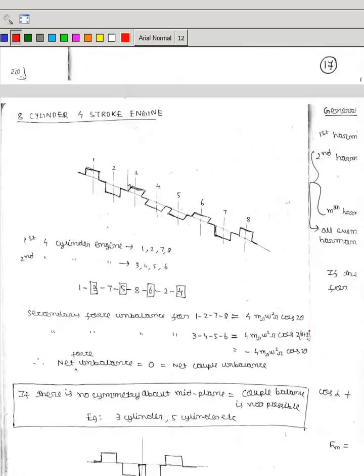And this is a 8-cylinder 4-stroke engine. In 8-cylinder 4-stroke engine, there is actually two 4-cylinder engines.